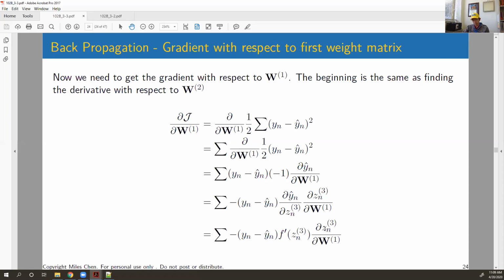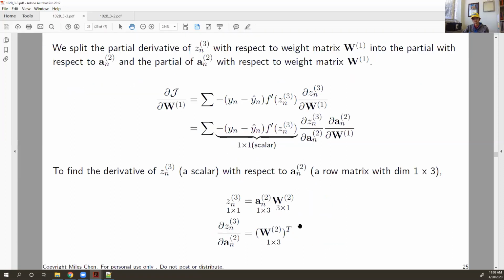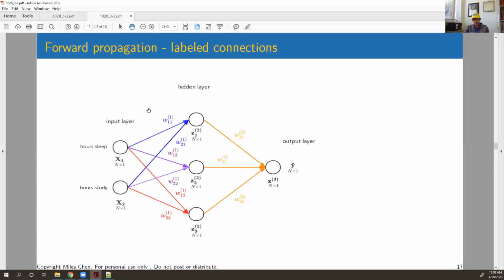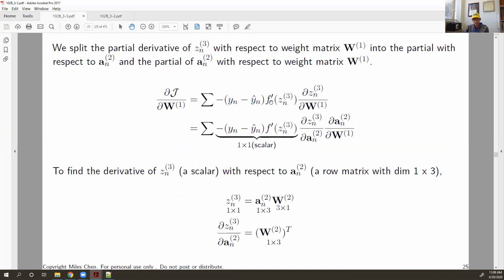So this is where we are, and we want to ask, how does Z3 change with respect to W1? If we look back, Z3 is the result of the activated values A2 multiplied by our second weight matrix W2.